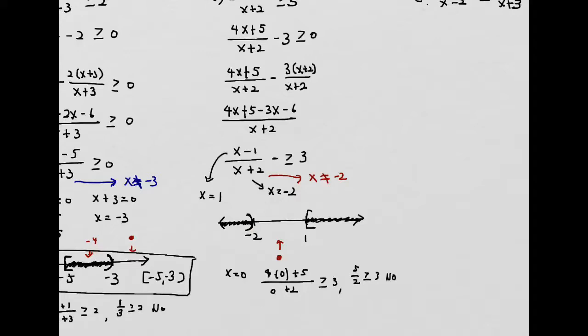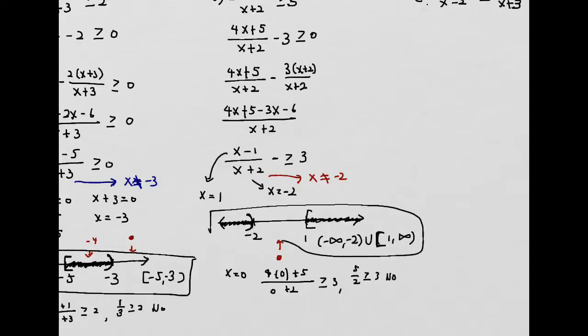So if you write your interval notation, it will be -2 not included, union, and bracket of 1 to positive infinity. So that is the graph and interval notation of your solutions for the second problem.